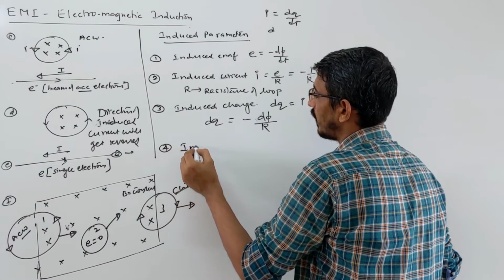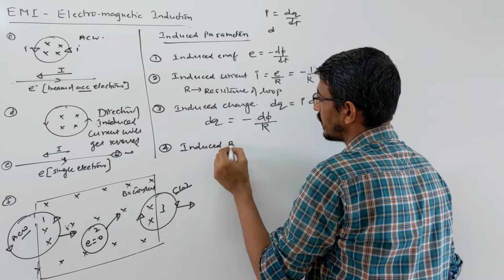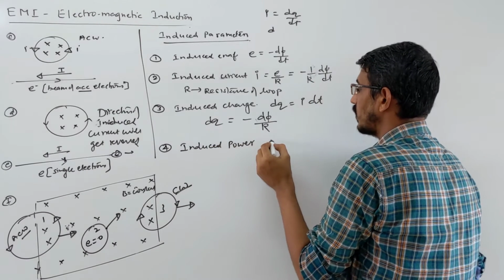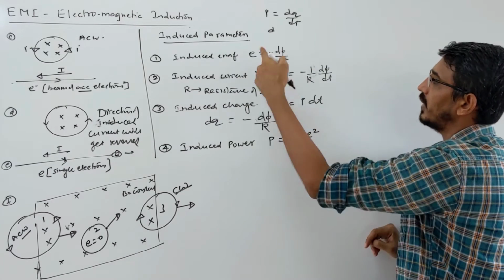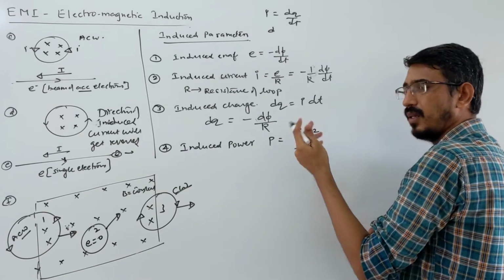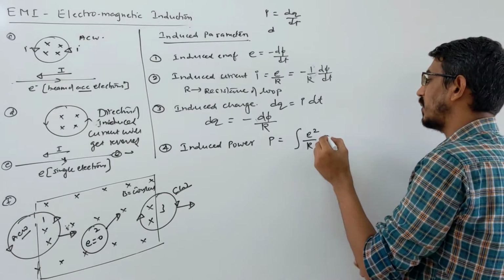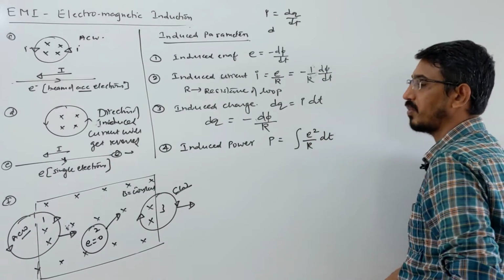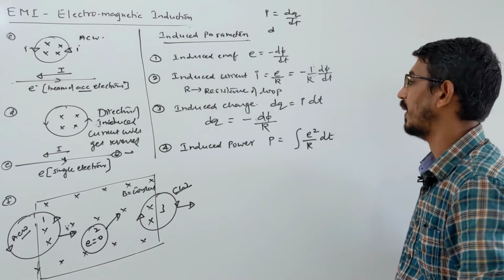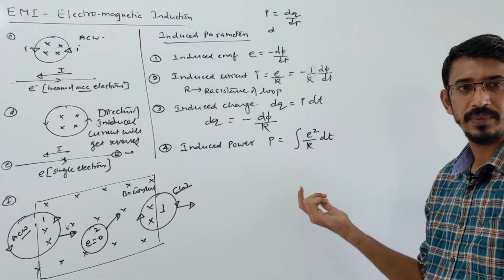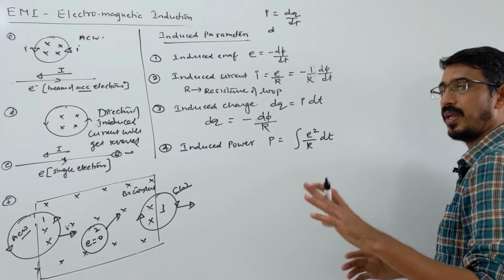Then induced power also you can say. Power you can write as simply the integration of E square by R into dt. If they ask just heat, E square by R, right? Depending, you can write I square R also.